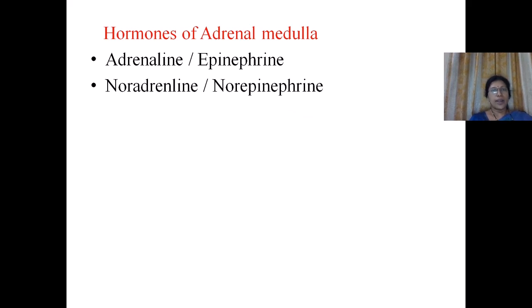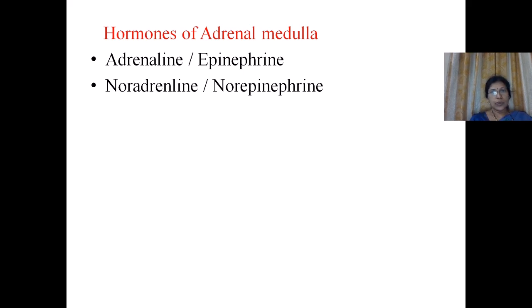The effects of adrenaline are more common while the effects of noradrenaline are limited. The main effects of adrenaline include reaction to danger and the fight or flight response. It shows piloerection, that is erecting of hair during fear or anger. It increases the heart rate and also the cardiac output.